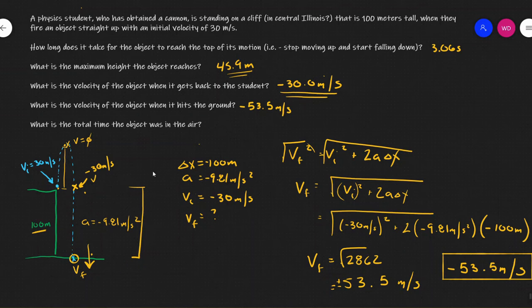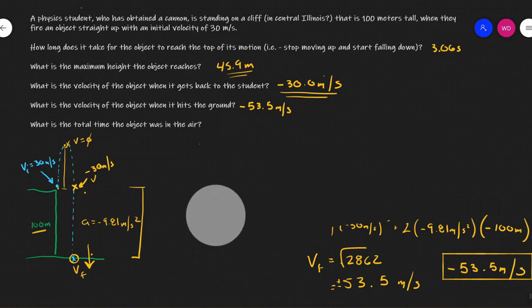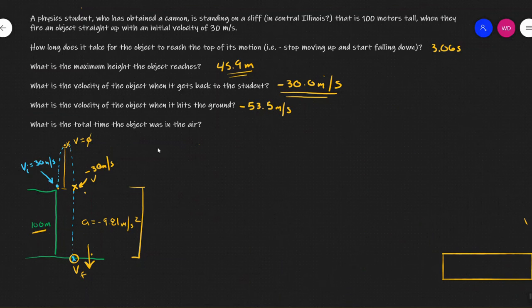It is 3.06 seconds. So let me just erase some of this. From here to the top is 3.06 seconds. From there back down is 3.06 seconds. And really the only time we don't know is for this 100 meters that it's traveling.